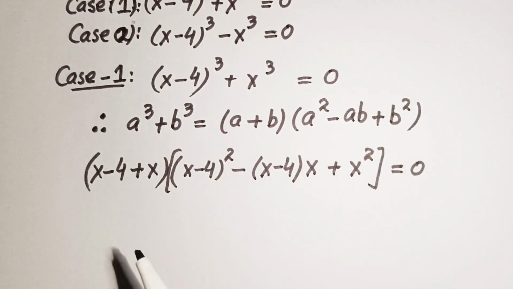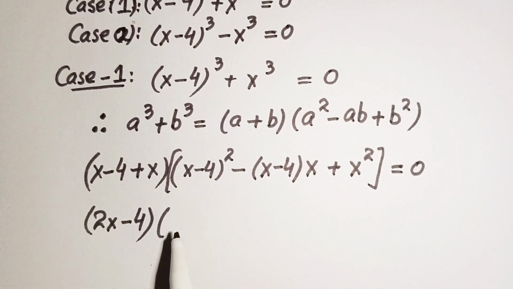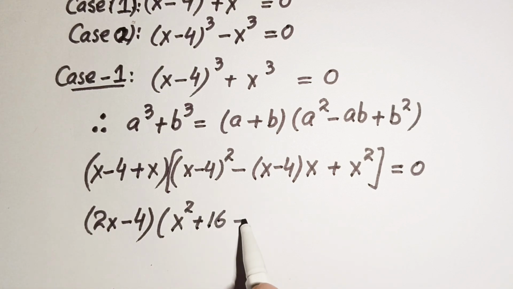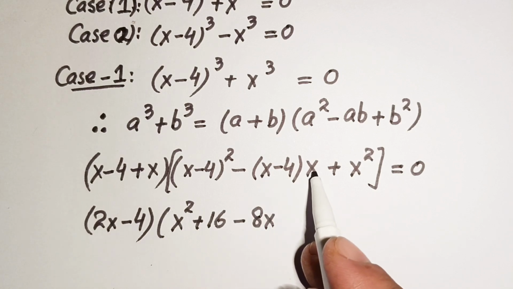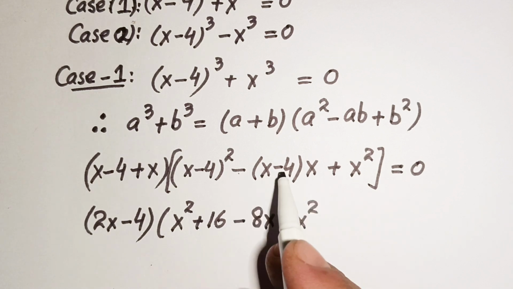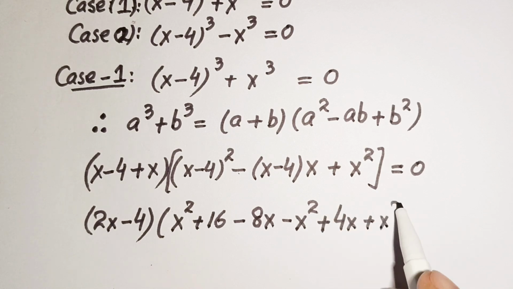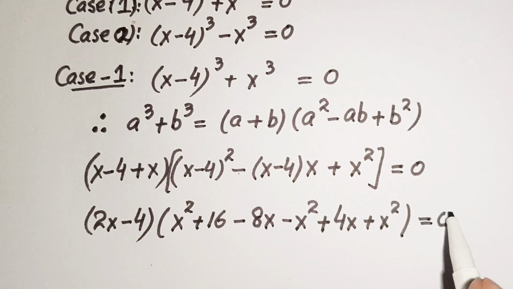Now here we have plus x and plus x, so we have 2x − 4, times the expansion. If we expand (x − 4)^2, it will be x² plus 4², which is 16, minus 2 times 4, which is 8, times x. Here we have minus x times x, which is minus x², minus x times minus 4 will be plus 4x, and plus x², which is equal to 0.